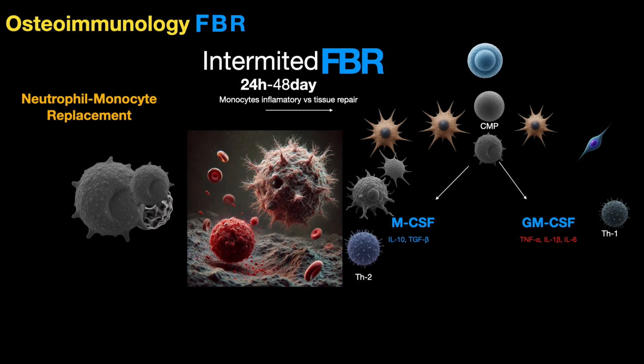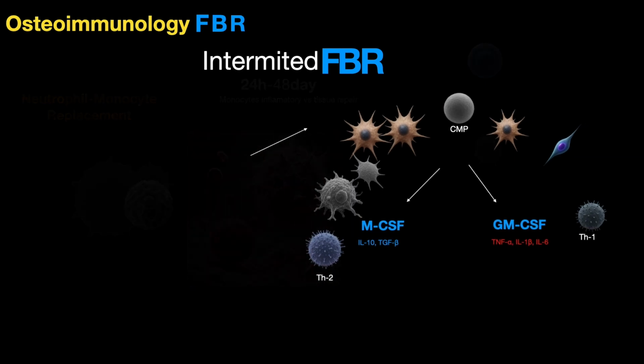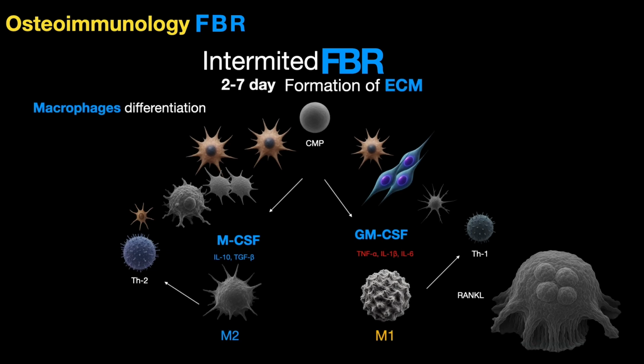Contrary to that, if we get TNF alpha, interleukin 1 beta, so pro-inflammatory interleukins, we will have transformation into pro-inflammatory macrophage M1, which produces RANK, which is an activator of osteoclasts.